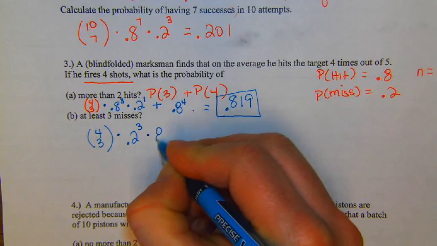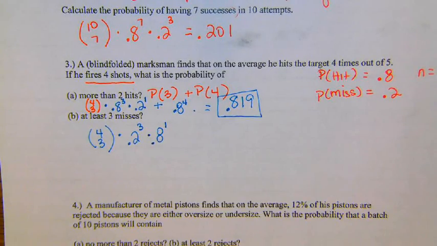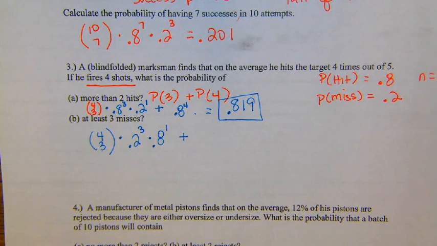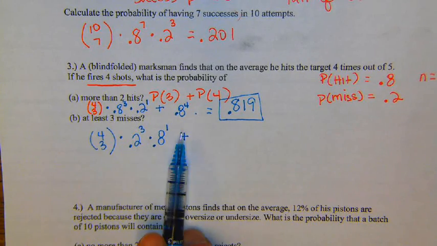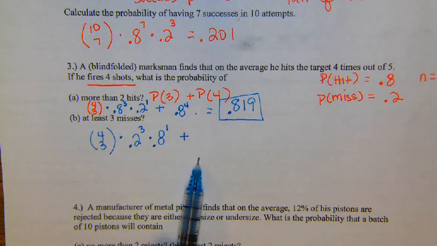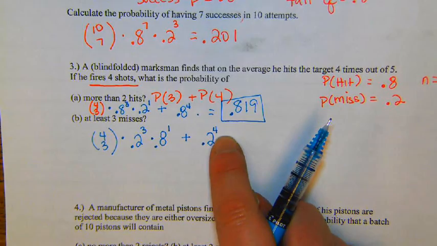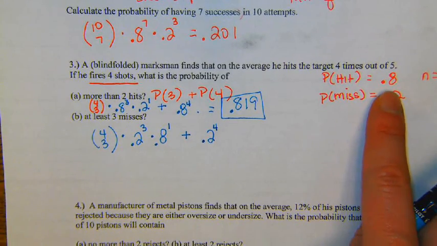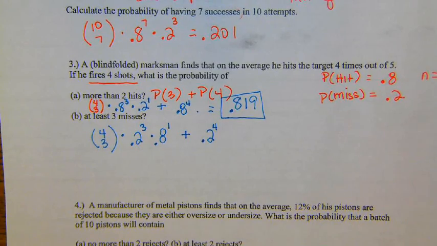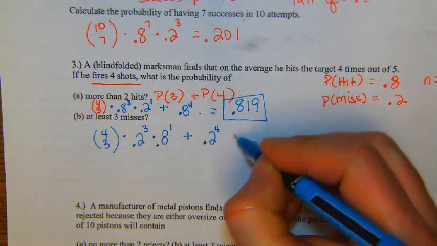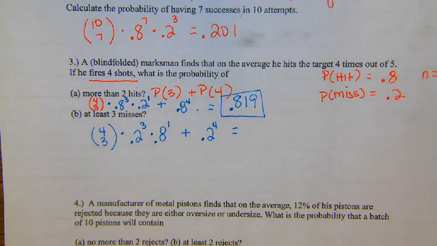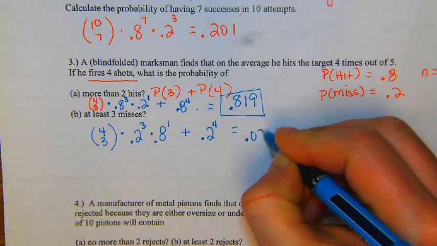So I'm going to raise 0.8 then to the 1st power. And then I need to do 4 misses. 4 misses is 4C4. Don't need to write it down. The probability of 4 misses is 0.2 to the 4th, and I don't raise 0.8 to anything. Well, I do. I raise it to the 0, but that's just 1. All right, so what do I get for that? 0.027.